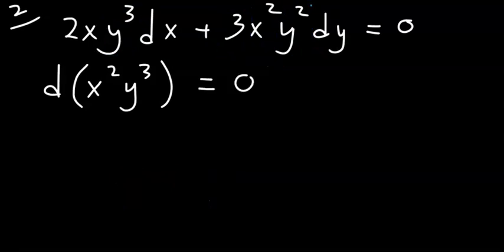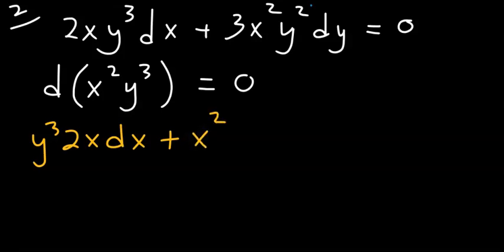Now let's work backwards and see if we can get the first line that we began with. Using the product rule, let's first take the differential of x squared and treat y cubed as a constant. So y cubed times the differential of x squared, which is 2x dx, plus, now we take the differential of y cubed treating x squared as a constant.